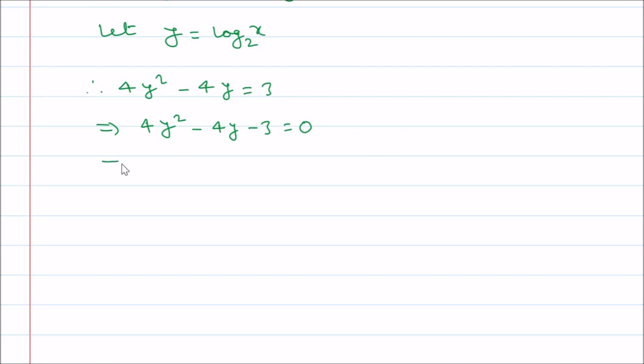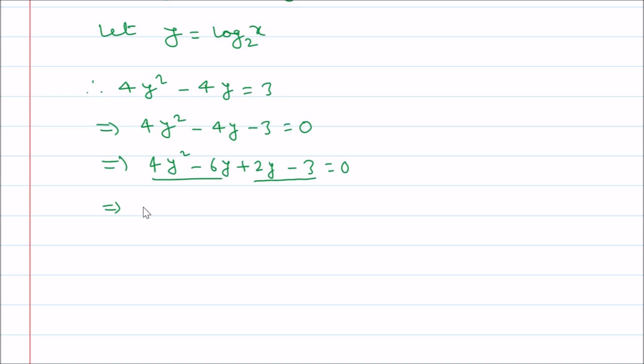So let us factorize this. 4y square, we can write minus 6y plus 2y, or minus 4y, splitting the middle term. Then minus 3 equal to 0. Now let us factorize the first two terms and the last two terms.